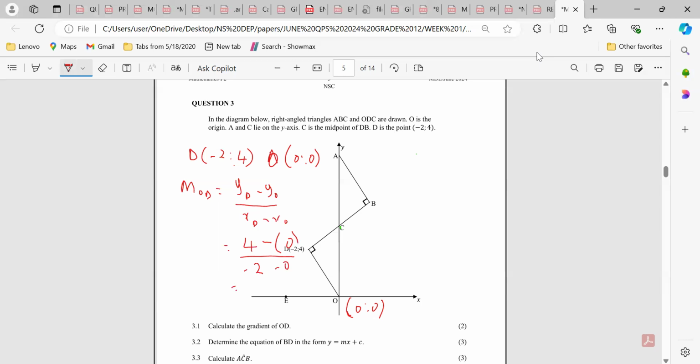And then you get an answer that is -2. That is 2 marks. How do you get the 2 marks? Substitution and the answer. Everyone is happy with this one. So we have the gradient of OD.